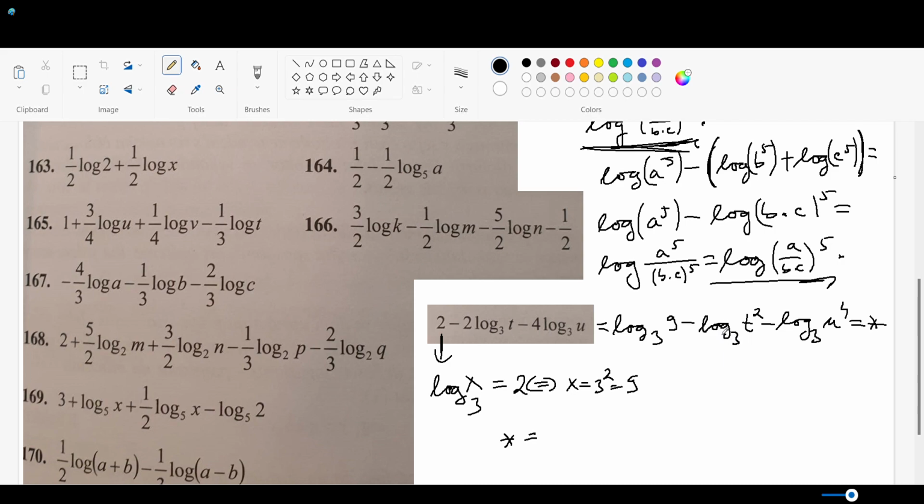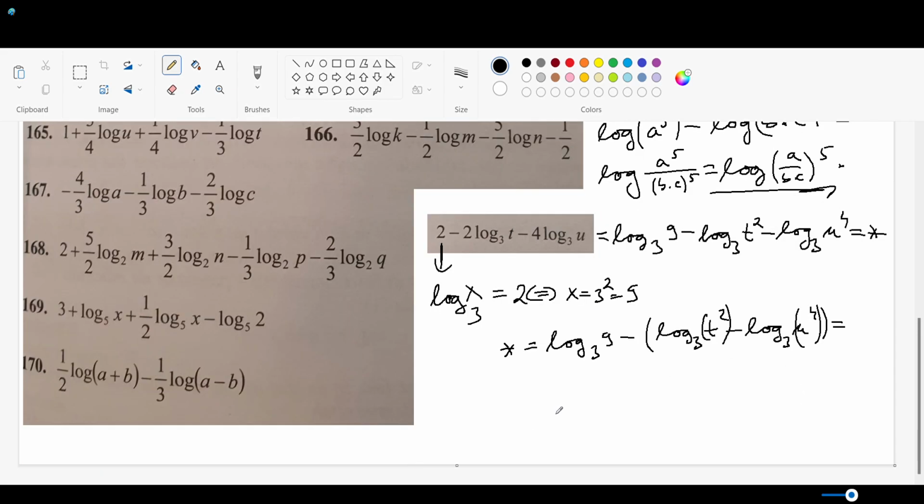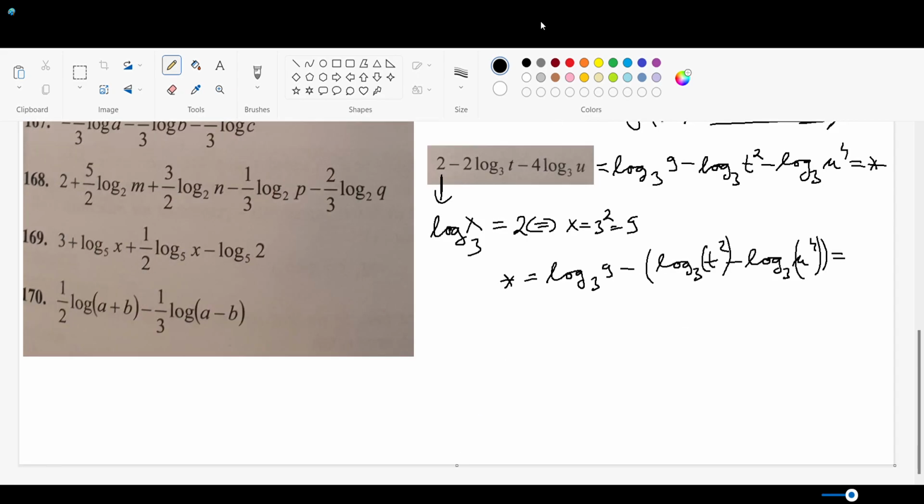We can see again that we will apply the same procedure as I did before. So it's going to be logarithm base 3 of 9 minus logarithm base 3 of t squared minus logarithm base 3 of u to the power of 4 is equal to. It's good manners to write the parentheses here also, but sometimes you don't need to. It's just the question of seeing the things.